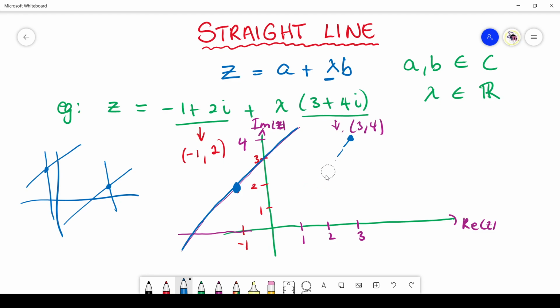So to make a better average, what they did is the part associated with lambda, right, which is the point 3, 4, they want you to make sure that that part is always connected to your origin.